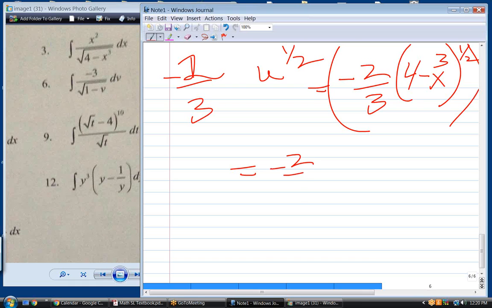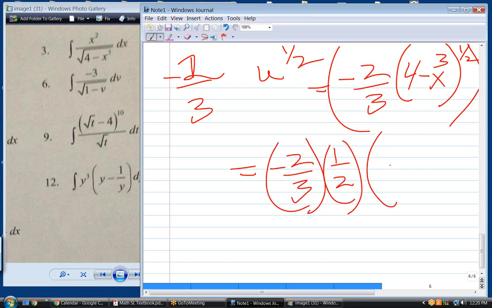So we have minus 2/3 times 1/2 times 4 minus x cubed to what? To negative 1/2. Okay. And then we have to apply the chain rule. So what's the derivative of the inside? Negative 3x squared.